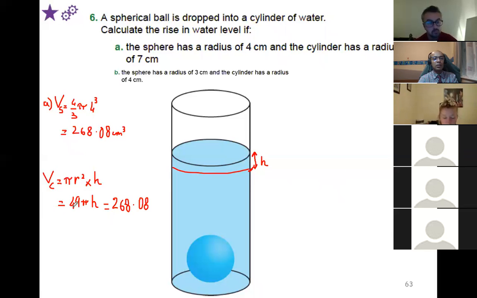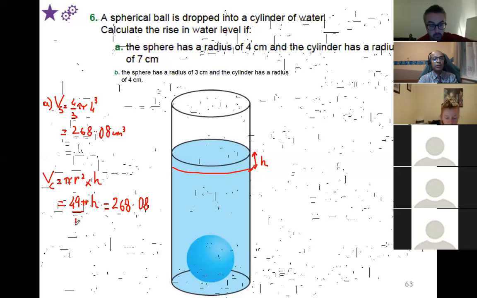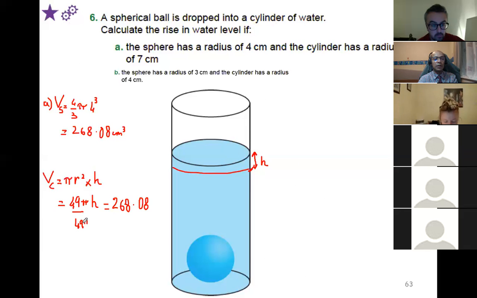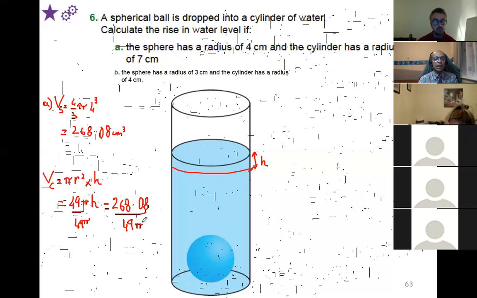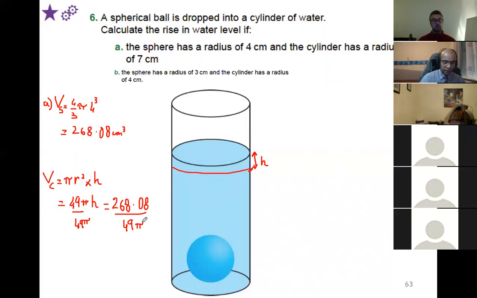Now, to get rid of 49 pi, you just divide both sides by 49 pi, and that will give you the height. So 268.08 divided by 49 pi is 1.74. 1.74 centimeter.